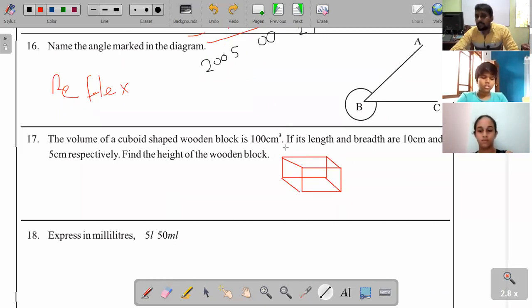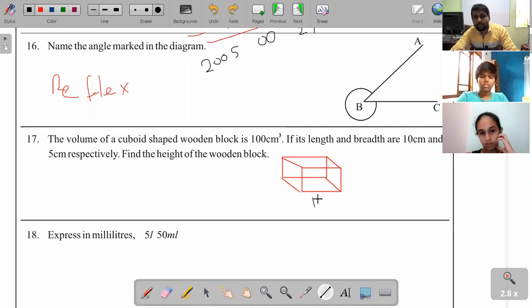Okay. If its length and the breadth are 10 centimeters and 5 centimeters respectively, right?